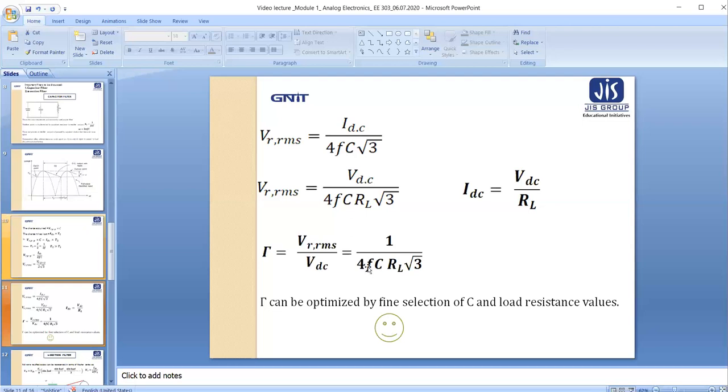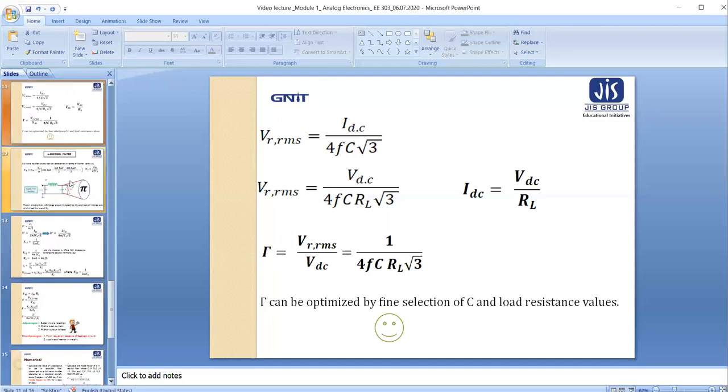This higher value of F will automatically lower the ripple factor. But if the frequency is significantly low, like 50 Hz, 60 Hz, etc., then the capacitor value must be high so that the ripple factor will be lowered. And depending on the load resistance, it will also be lowered.